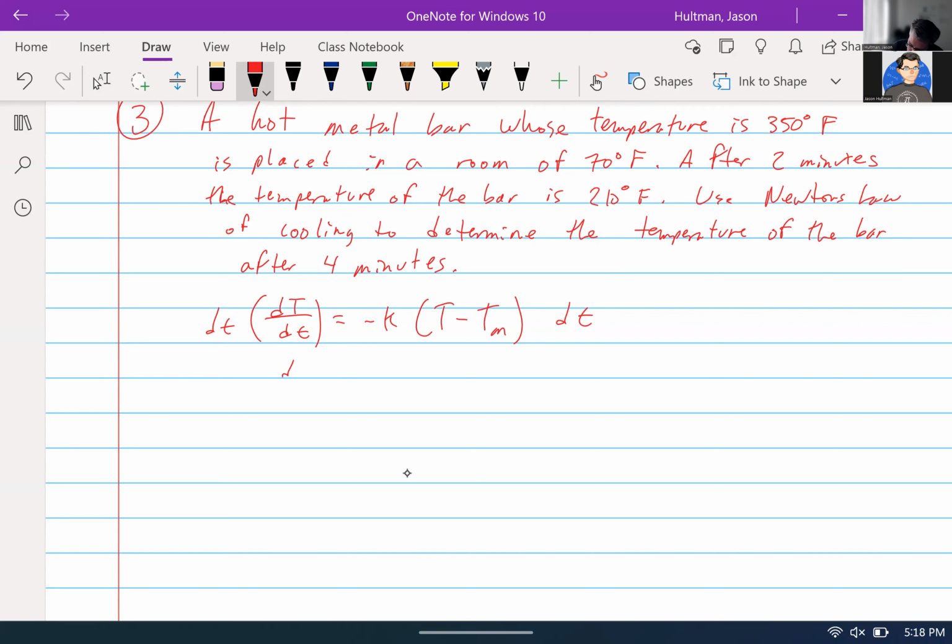And that becomes dT over dt is negative k times T minus Tm, so dT equals negative k times T minus Tm dt. And then I'm going to divide by T minus Tm, keeping in mind that Tm is a constant.